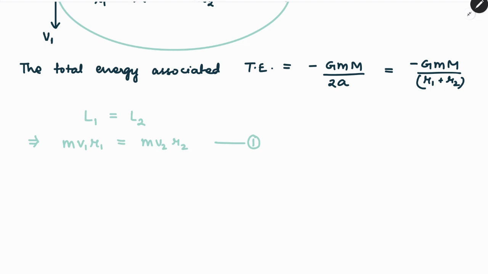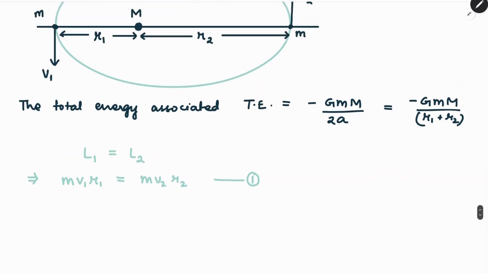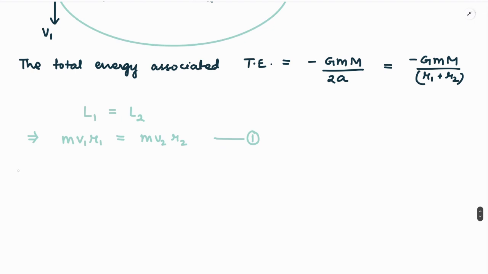The next one is, if we write the energy at any point, let us take point 2. The total energy expression at point 2 will consist of a potential energy term and a kinetic energy term, the sum of which is equal to the total energy.